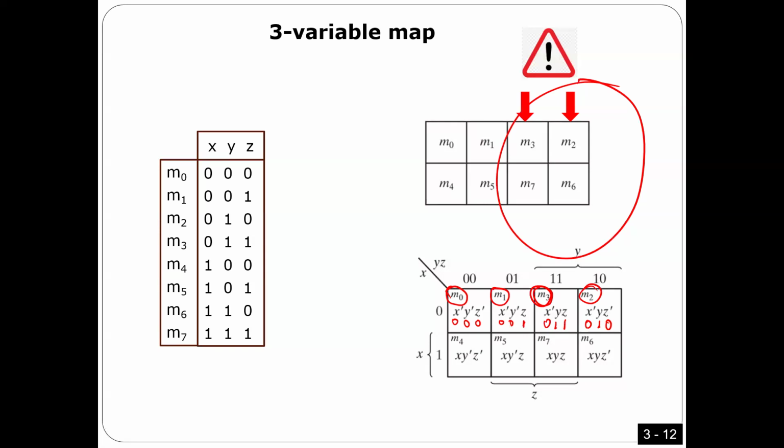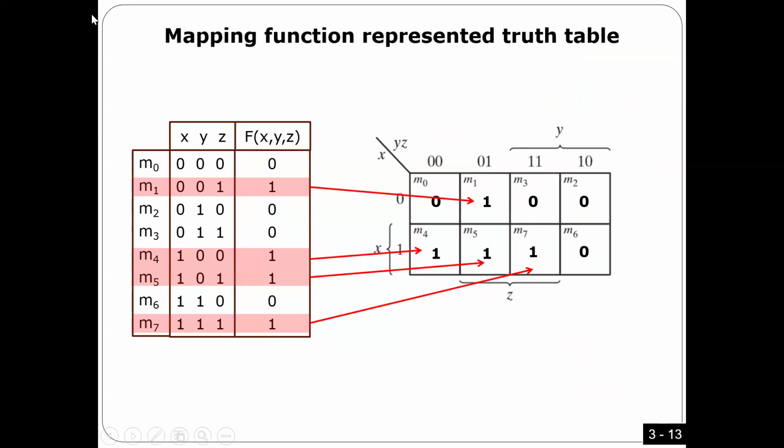Okay. So now, any question regarding the map, regarding the areas, regarding how I know where the min-term is? So what is the next step? Next step, if I give you a function, how can you represent this function in these maps? It's very trivial, exactly similar to what I explained before.